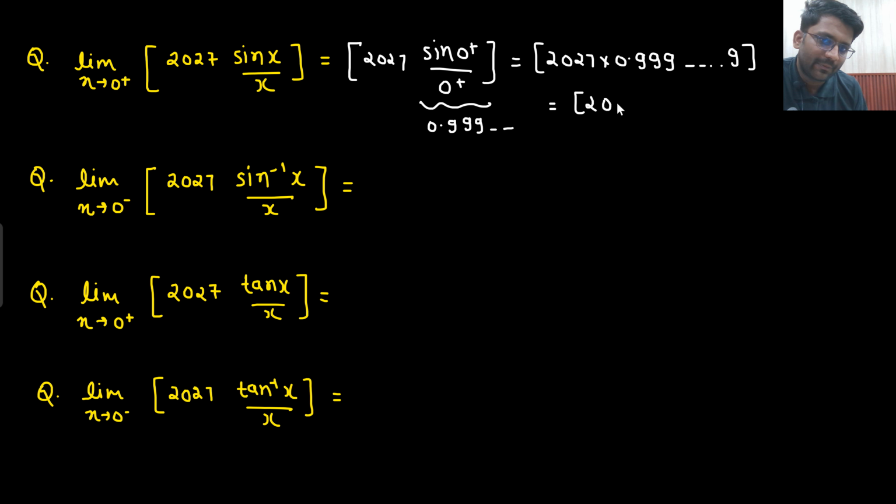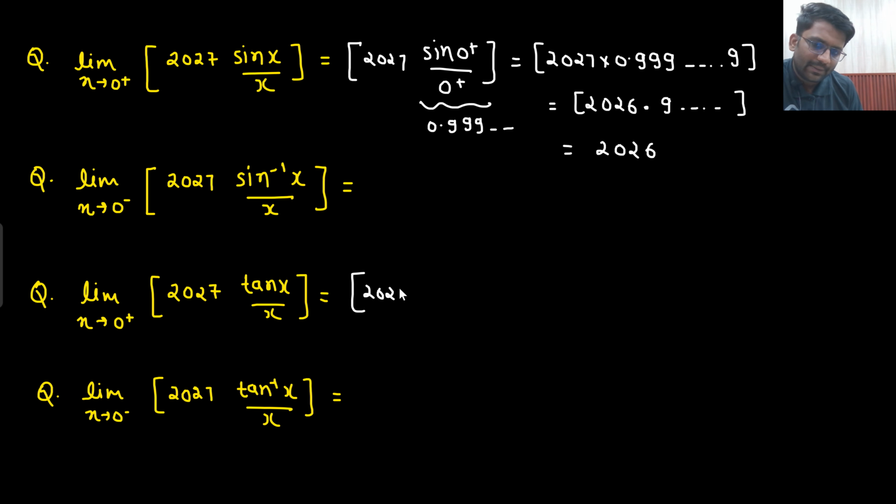So this value will be somewhat 2026.99, something like that. You can do the calculation. So what will be the answer? Just the lesser integer, that will be 2026. What will be the scenario here? For 2027 tan x by x as x goes to 0 plus, this value will be somewhat greater than 1.